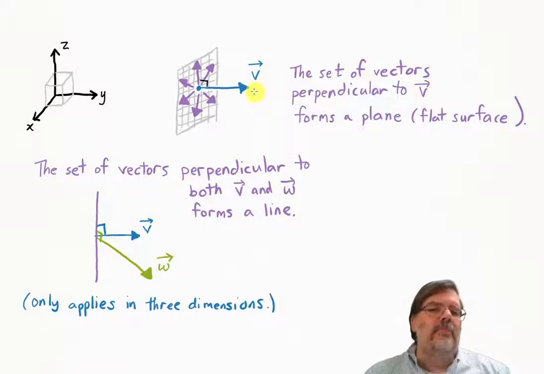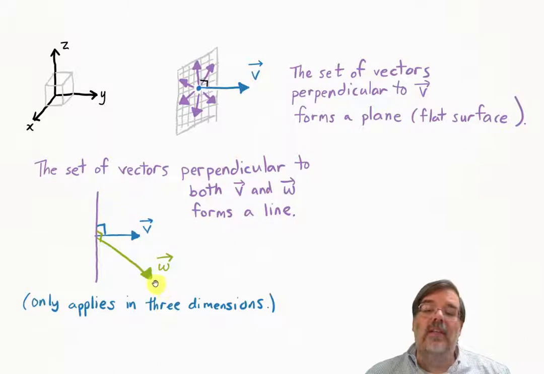The case we'll be more commonly interested in is a set of vectors which is perpendicular to 2 different vectors at the same time. And so imagine in 3-dimensional space, you have a vector v pointing out and a vector w pointing in a different direction.